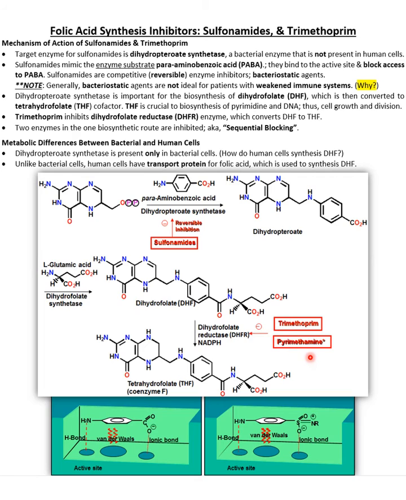Now I just want to say that there is another drug called pyrimethamine that also blocks the dihydrofolate reductase, and it's typically used in addition with a different sulfonamide, not the sulfamethoxazole, a different sulfonamide called sulfadoxine.